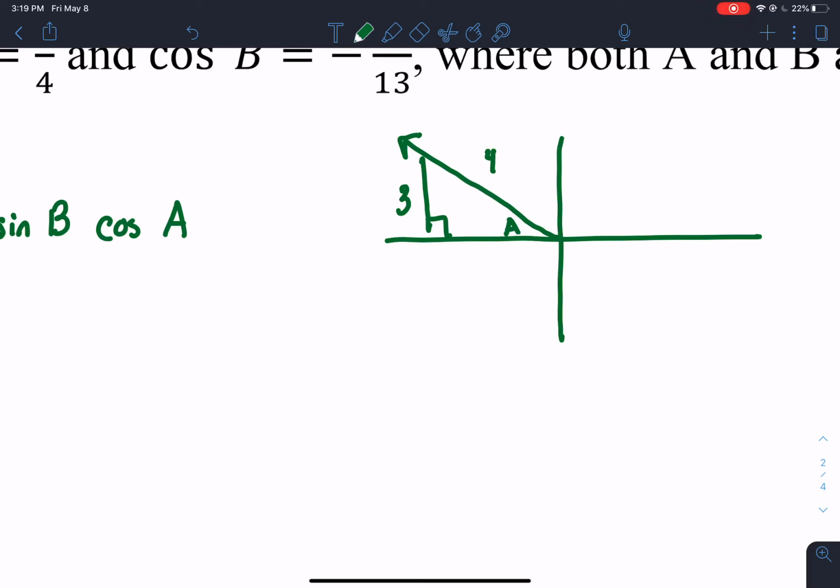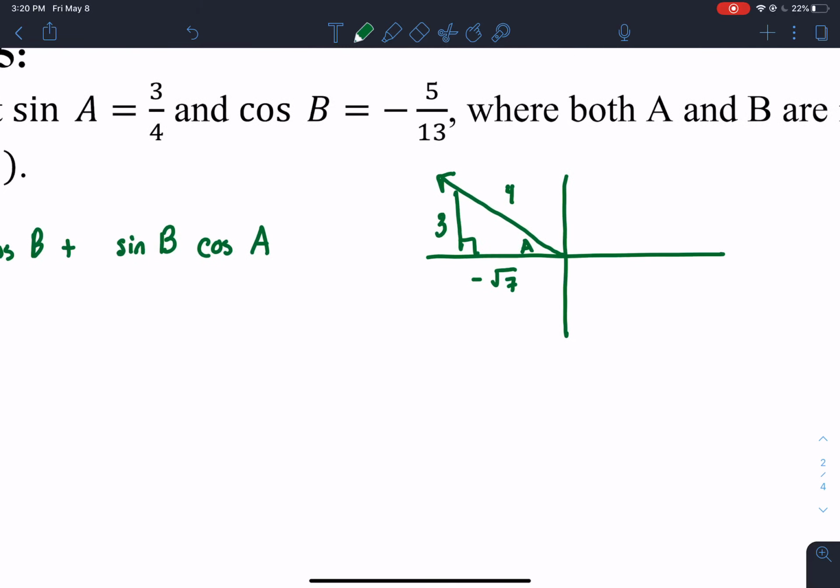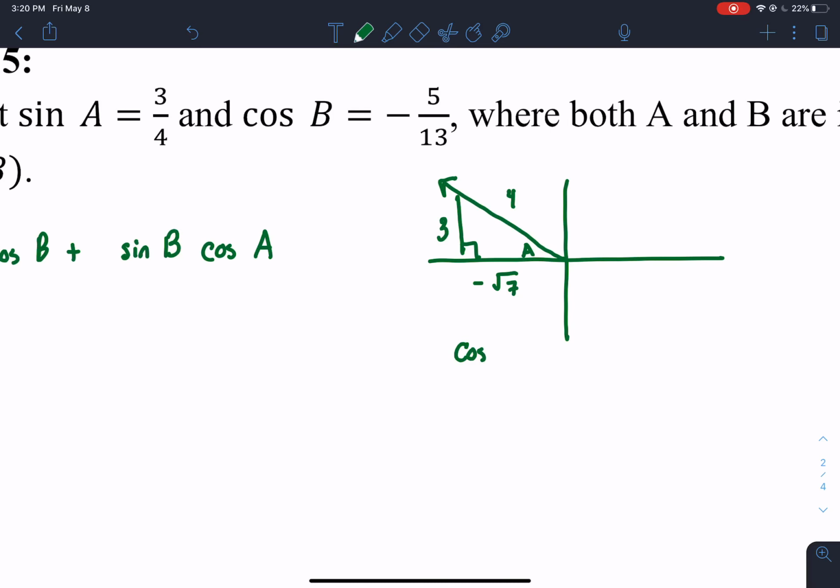Now, if you do Pythagorean Theorem, you'll eventually get that the missing side is going to be root 7, okay? Now, because it's in the second quadrant, you just make it negative, okay? So if we know sine of A is 3/4, then cosine of A is going to be negative root 7 over 4, okay?